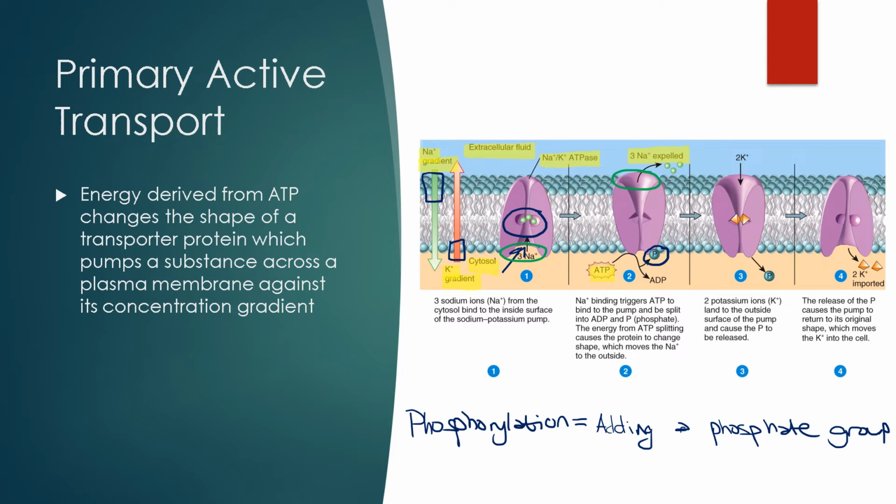Now this pump moves sodium ions outside the cell, and it also moves potassium ions inside the cell. So when the sodium is expelled, we also have 2 potassium coming in.